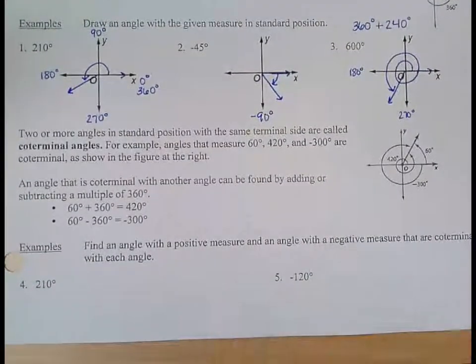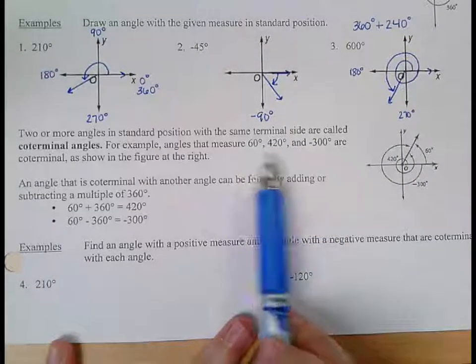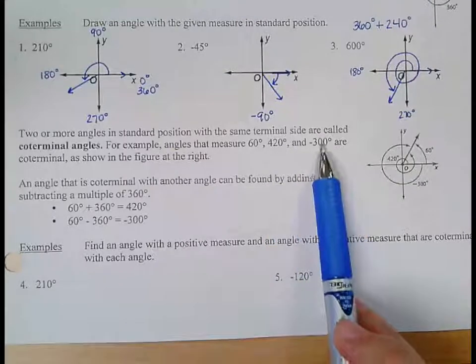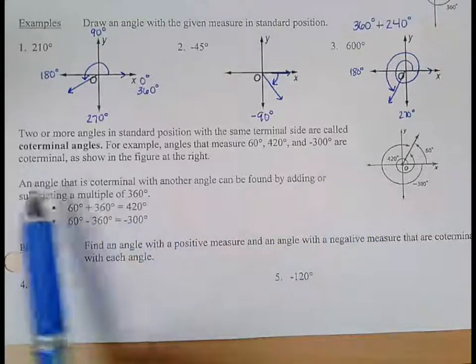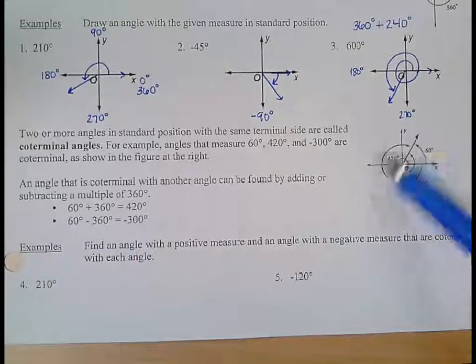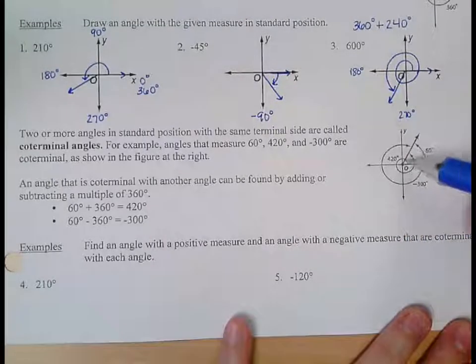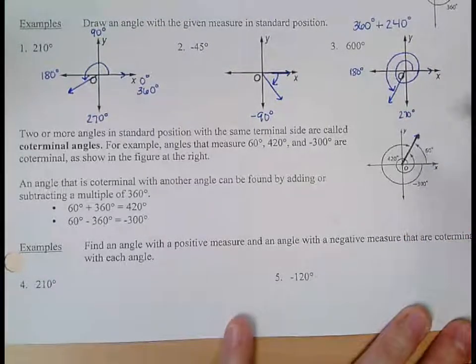So then we have, and I did mention this a little bit with the 0 and the 360, but 2 or more angles in standard position with the same terminal side are called coterminal angles. So for example, angles that measure 60 degrees, 420 degrees, and negative 300 degrees are all coterminal as shown in this figure here. So we see this terminal side.